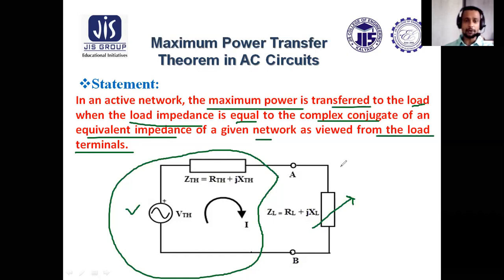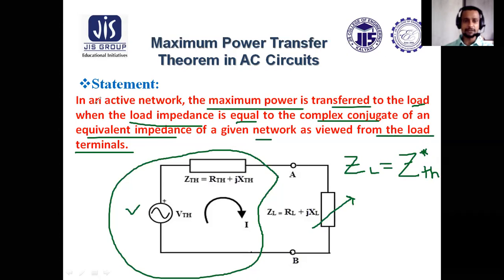So, the maximum power transfer theorem says if the load impedance is the complex conjugate of Thevenin's impedance, or internal impedance of the network viewed from the load terminals, then only maximum power will be delivered to the load side.